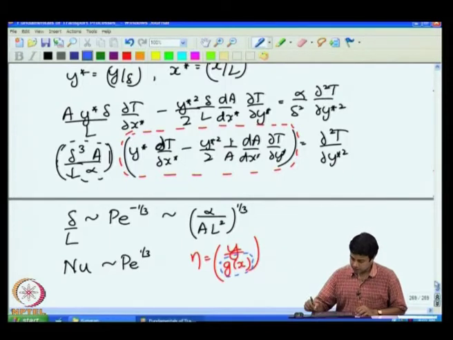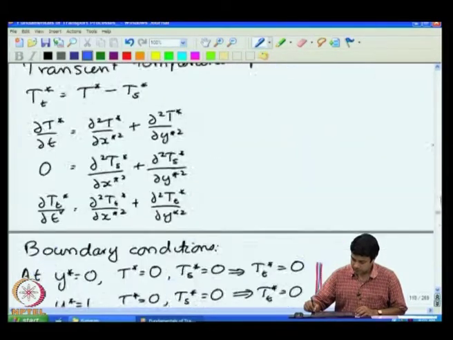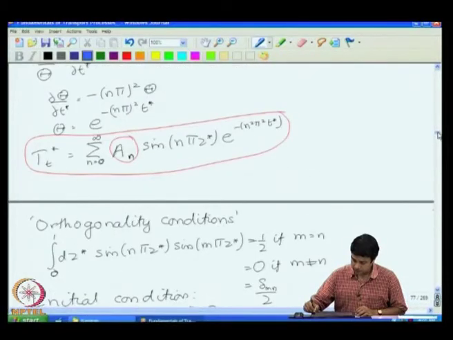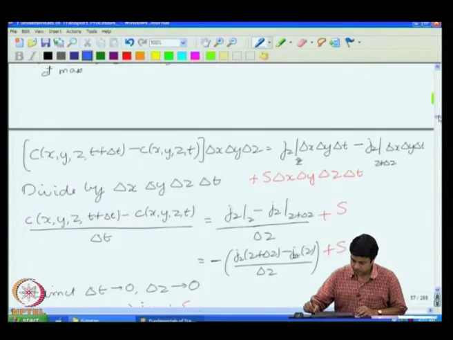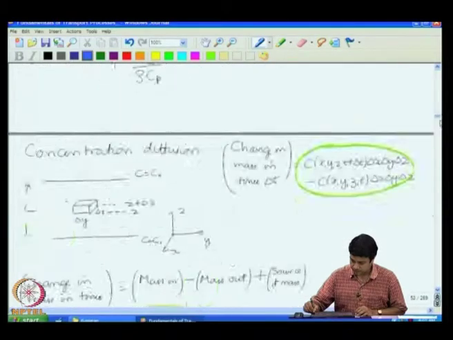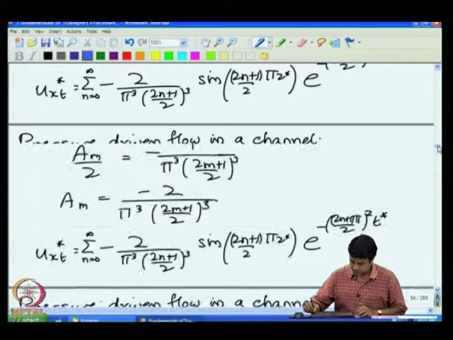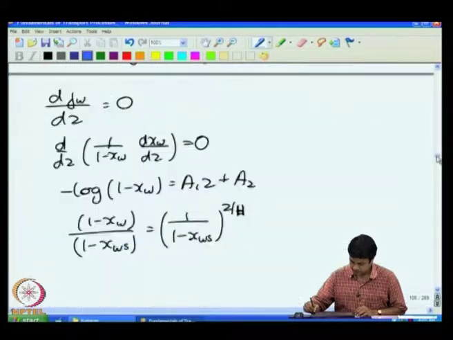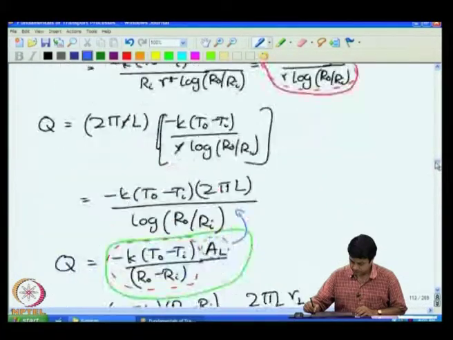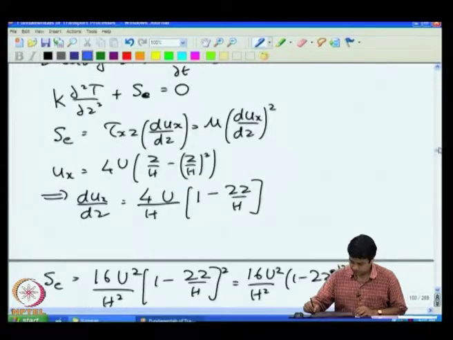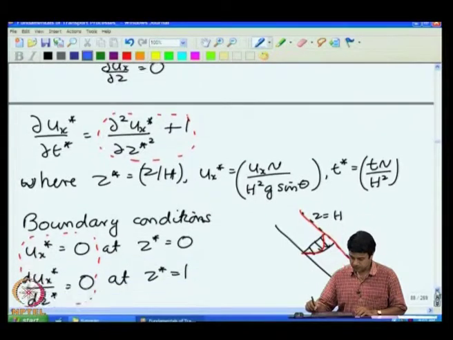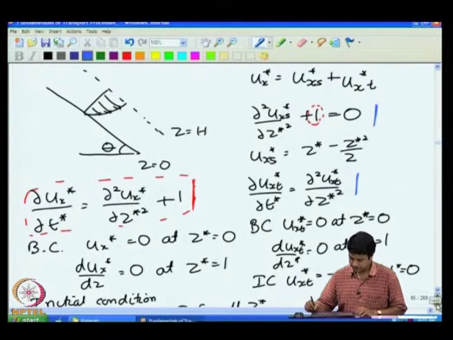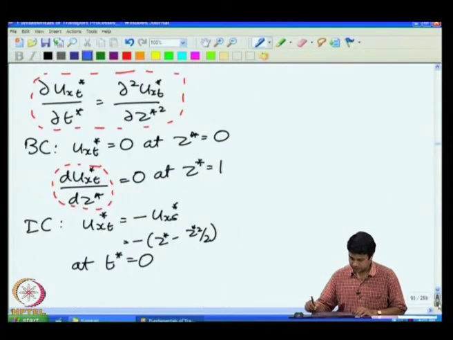We had already done another problem, the transport to a liquid gas interface, in the limit of high Peclet number.